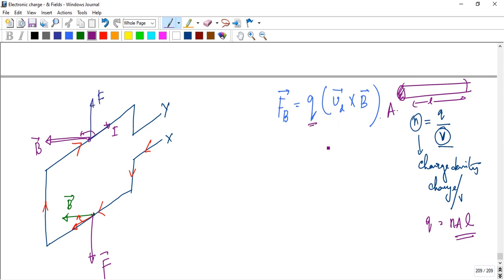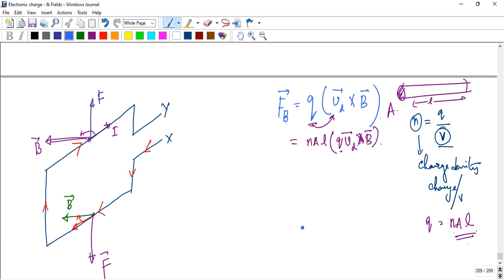In the external magnetic field, the mobile charge carriers number n A L, each with charge q, so the force is n A L q v_d cross B.